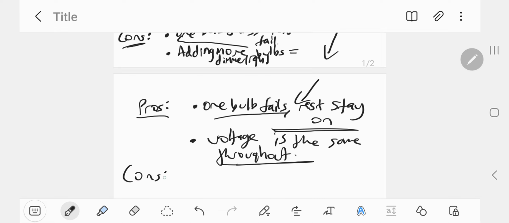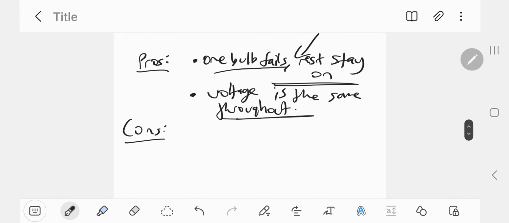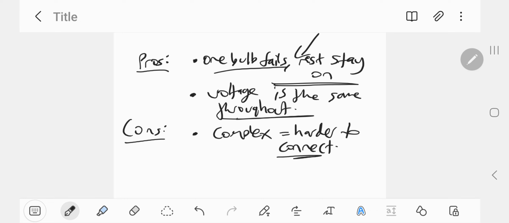Then the cons. Unlike series circuits which are easy to connect, parallel circuits are complex and so they're harder to connect typically. There's a lot more wiring involved. If you look at your household lighting, a lot more wiring. It's more time consuming.